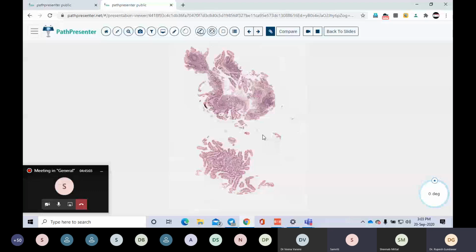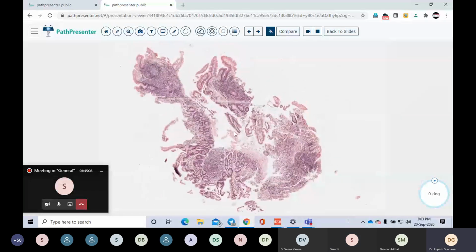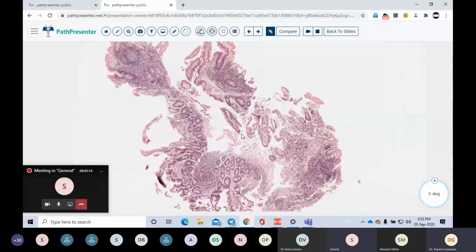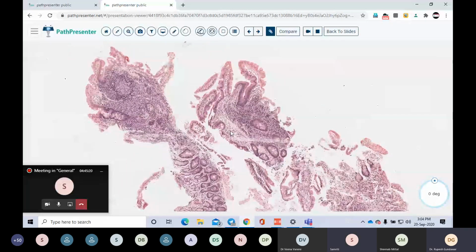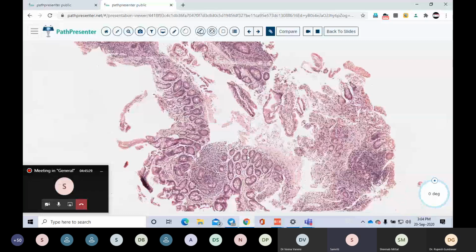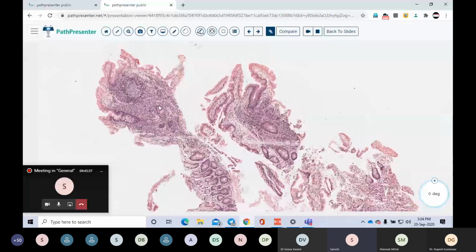And the next case, this is again a case of malabsorption. How will you evaluate this biopsy? Just go point-wise. Yes, the villus to crypt ratio is decreased, right, and there are lymphoid aggregates in the lamina propria.